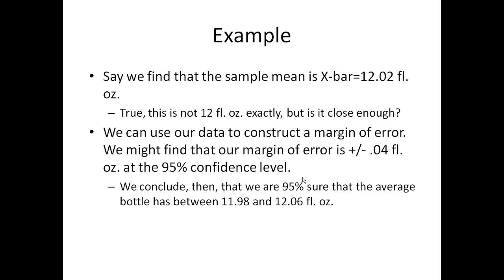This isn't 12, but is it close enough? What we're going to do is use our data to construct a margin of error. We're going to talk in just a few minutes about how to calculate a margin of error. Let's assume that we calculate it at 0.04 fluid ounces at the 95% confidence level. So that would mean that our 95% confidence interval is between 11.98, that is 12.02 minus 0.04, and 12.06, that's 12.02 plus 0.04.